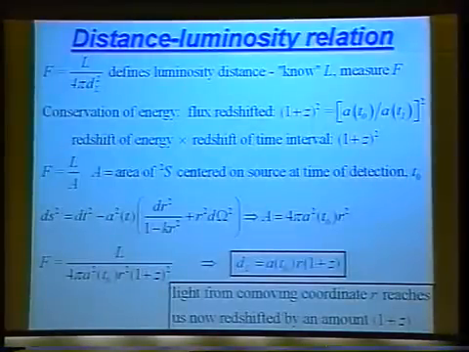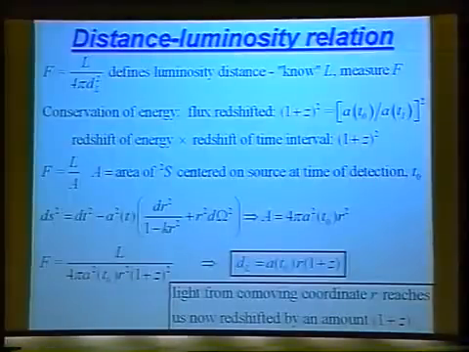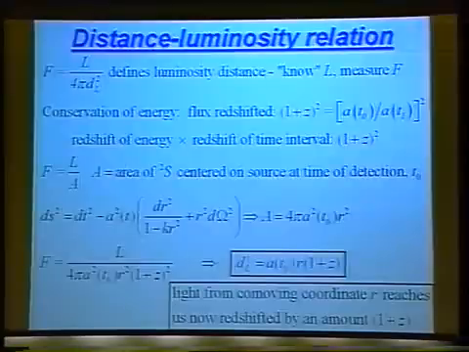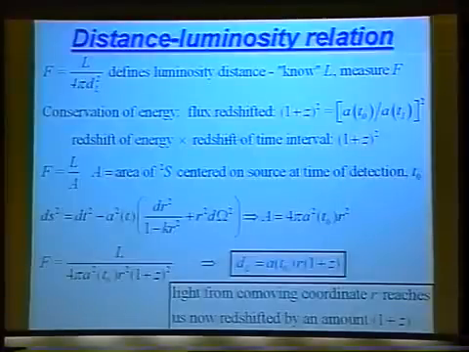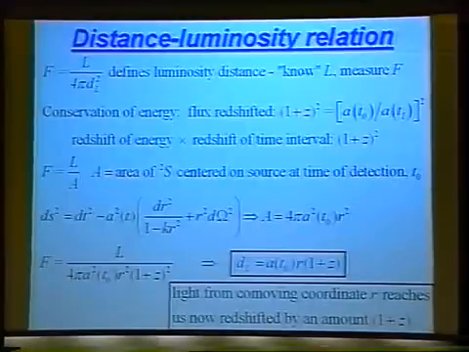There is also an additional factor of 1+z that results just from the time dilation, the fact that a time interval during the emission of the radiation is stretched by the expansion of the universe. So this leads to an additional factor of 1+z. Now the flux is the luminosity divided by the area of a two-sphere centered on the source at the time of detection.